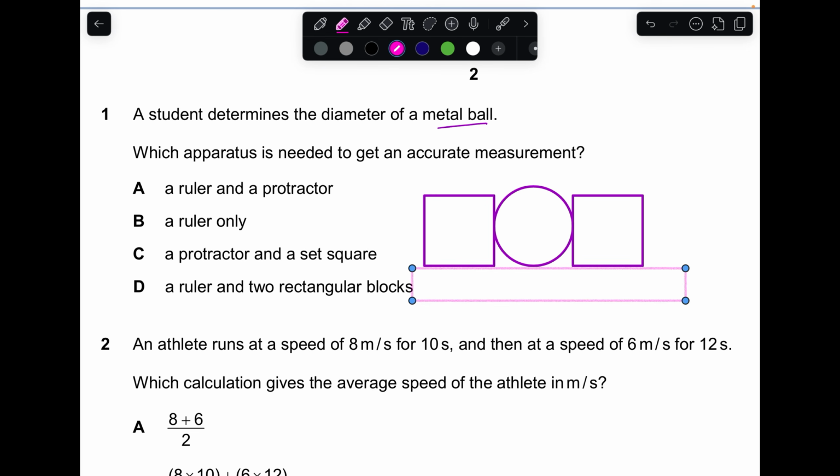So you can easily get the reference point where this line is touching and where this line is touching, and this will give you the diameter. So this is the method to find the diameter of a circular thing. This is the ruler, these are the set squares. So what we will use is option D, that is correct, a ruler and two rectangular blocks.